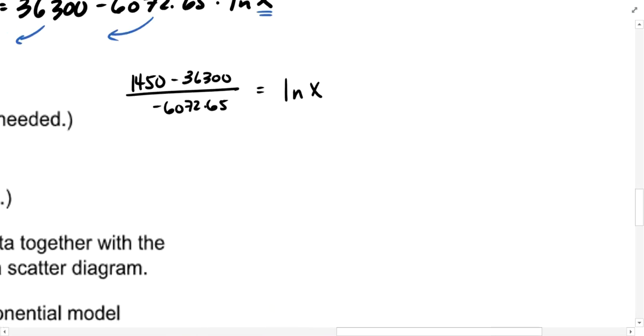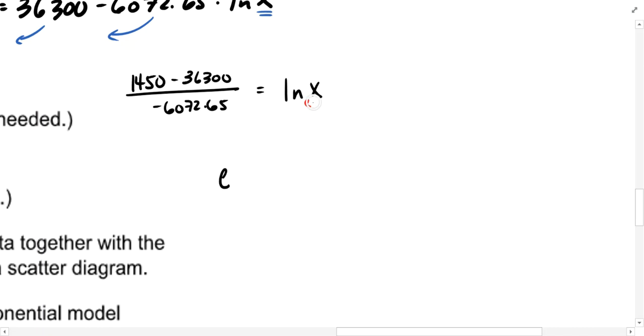Now, I have no idea what x is. I don't know the natural log of what number would equal this particular fraction, and that's okay, because we should remember that the natural log is a logarithm with a base of e, and if I'm trying to solve for the unknown variable here, then I can rewrite this logarithm as an exponent, and then we can solve for x.